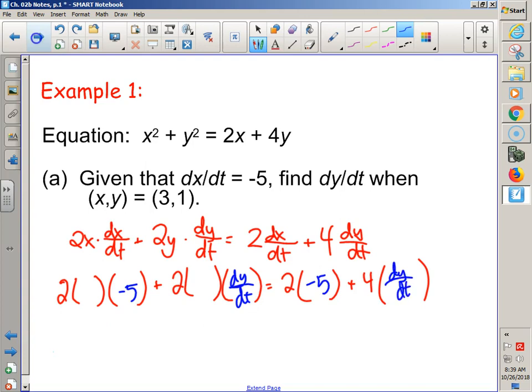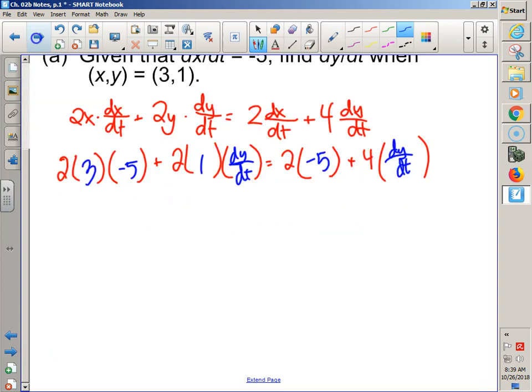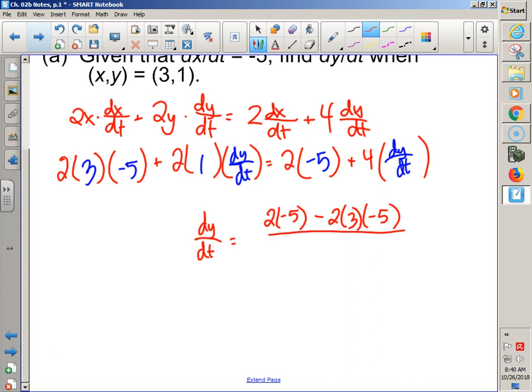All the x's become 3. All the y's become 1. Should you be able to solve for dy dt? Oh, yeah. He's the only guy missing. Let's see. I'm going to have 2 times negative 5 minus 2 times 3 times negative 5, all divided by 2 times 1 minus 4.